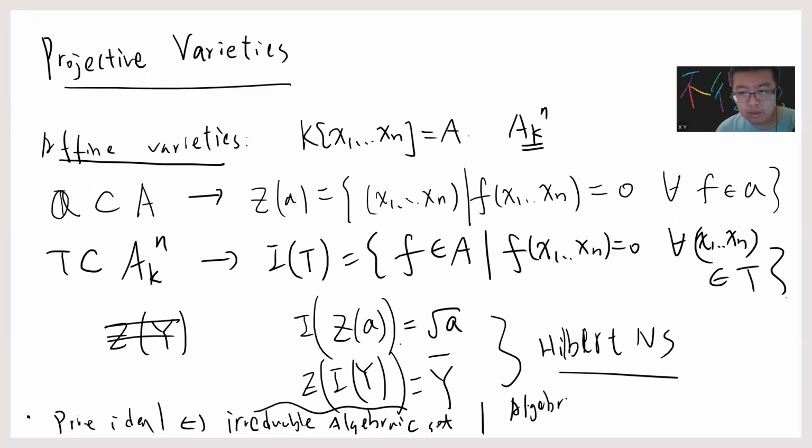In general, due to the Hilbert Nullstellensatz, algebraic sets correspond one-to-one to radical ideals, and the prime ideals correspond to irreducible algebraic sets, which in our definition are affine varieties.